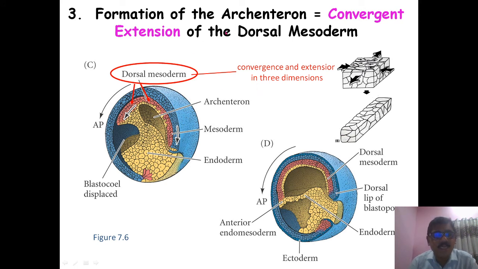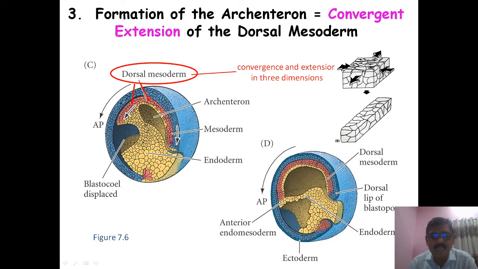What is convergent extension? The dorsal mesodermal layer cells which migrate inside are going to form the dorsal mesoderm, and it spreads over the entire embryo, and these cells replace the blastocoel cavity.